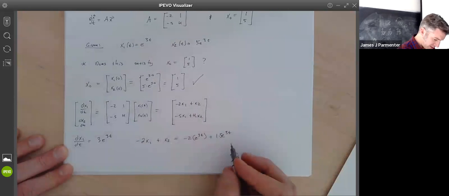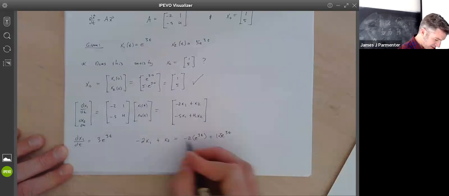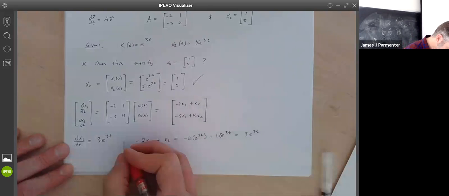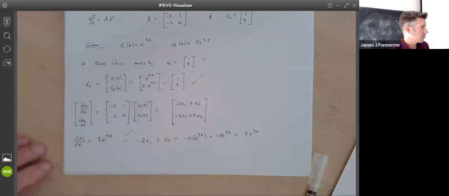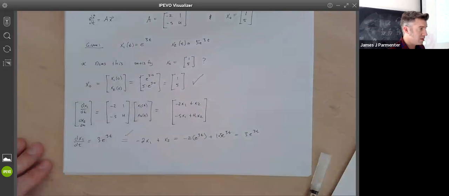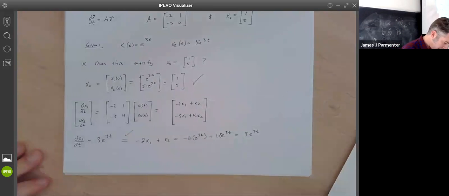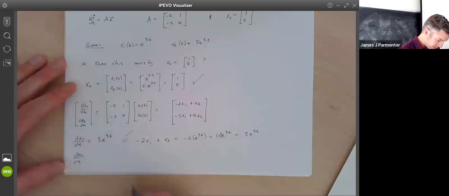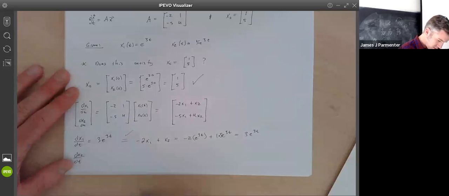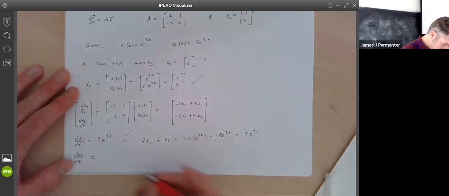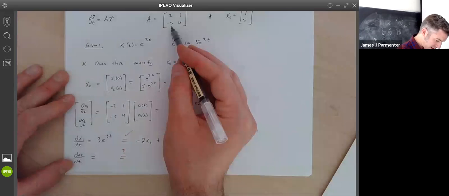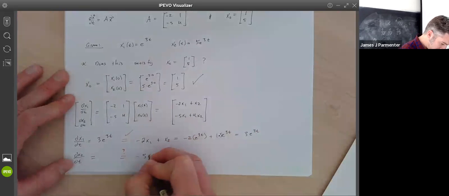And negative 2 plus 5 is 3 e to the 3t. So yeah, these are equal to each other. I want you all to check the next one. Check that dx2 dt is in fact equal to negative 5 times x1 plus 4 times x2.